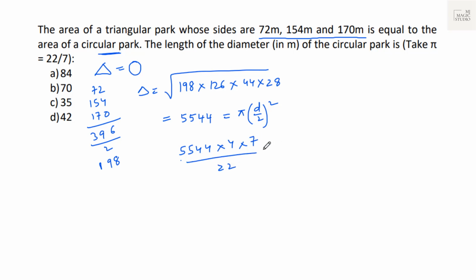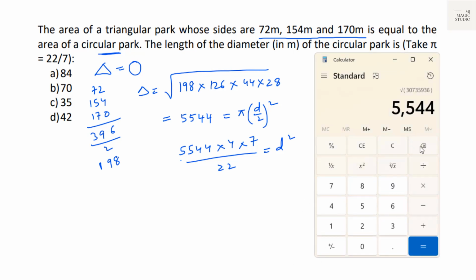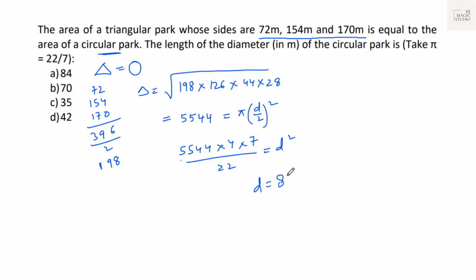So 5544 into 4 into 7 divided by 22, and when we take the square root it gives us 84. D is equal to 84. Diameter is 84. That is option A. Use the on-screen calculator if it is available.